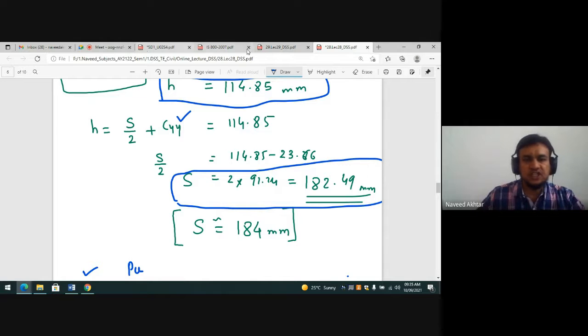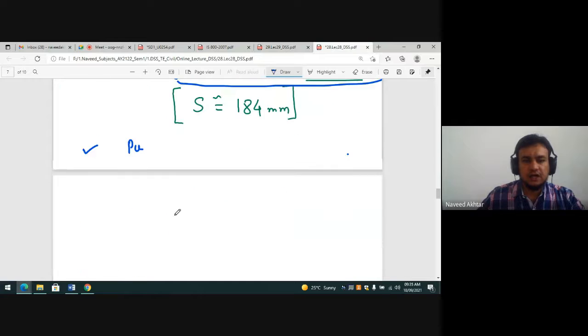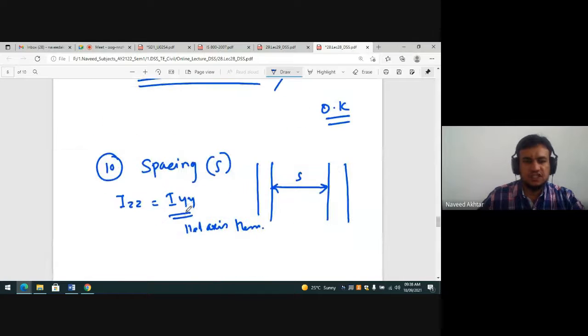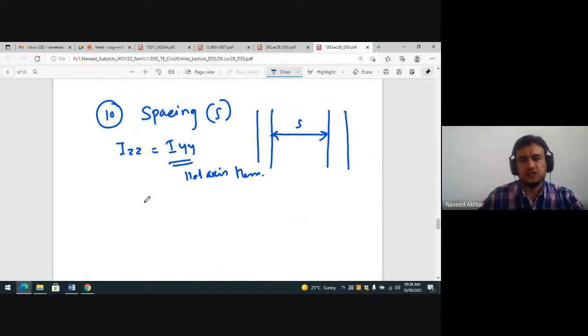So up to this steps, step number 10, it is common for lacing system and battening system.